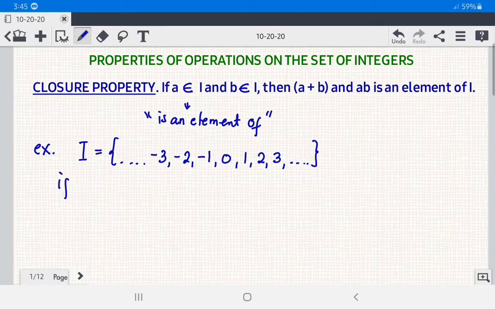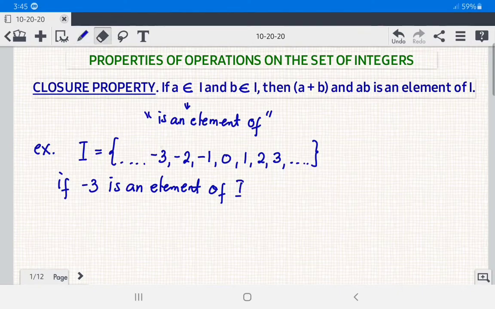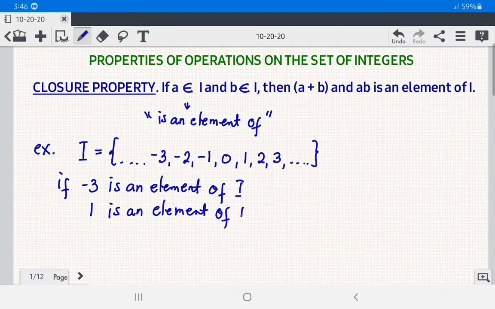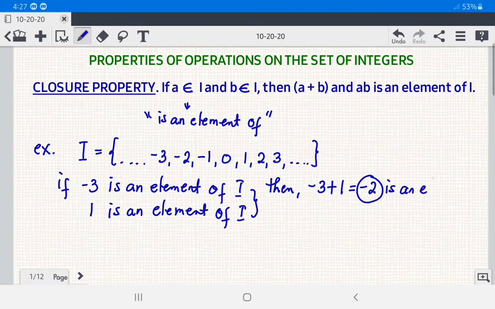So, if -3 is an element of I, okay, so here, and 1 is an element of I, of course, -3 plus 1 equals -2 is also an element of I. So, -2 is an element of I. Okay.